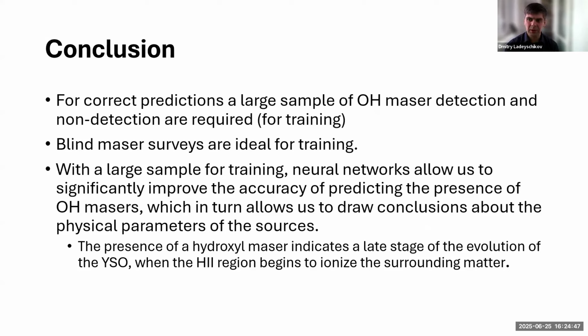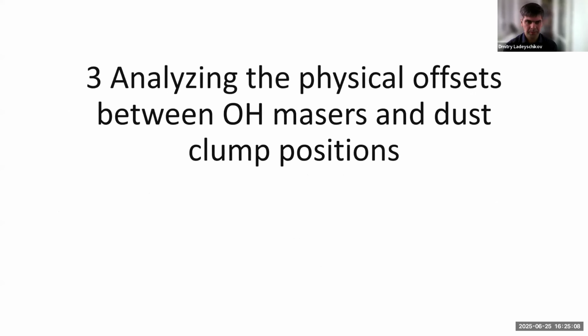If you provide a wrong training set, the model will also be wrong. And with a large training sample, we can also investigate how many masers have OH masers, and that means how many masers are in a late stage of evolution, because OH masers arise at a late stage of evolution.